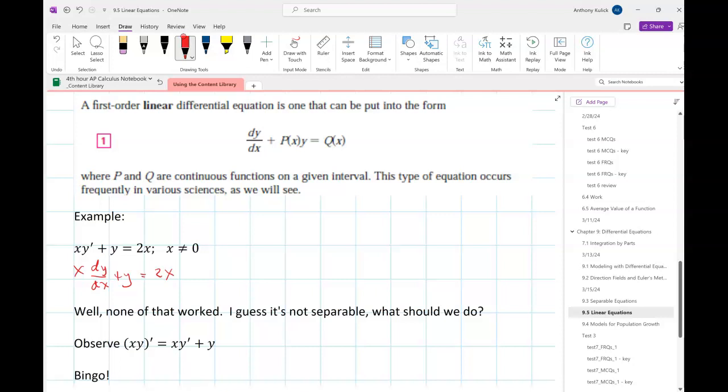Solve for x or y. Well, we want to get all the y's and x's separated: a function of y times dy and then a function of x times dx. So if I divide everything by x, and it's okay to do that, I'd have dy dx plus y over x equals 2.